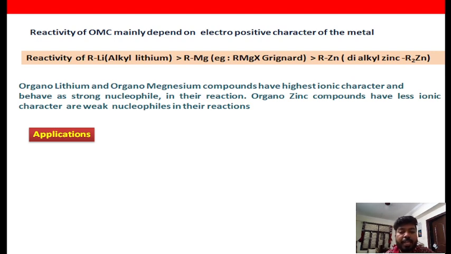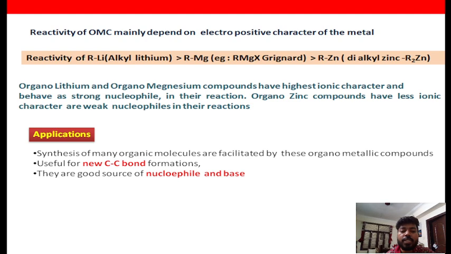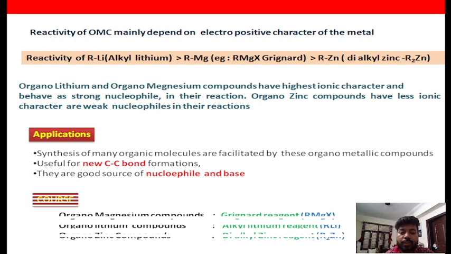What are the applications of these organometallic reagents? They are useful for synthesizing many new organic compounds and for new C-C bond formation, and they are a very good source of nucleophile and base.